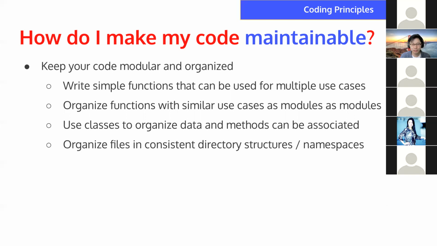All these methods you could start associating with this Classroom class to make your code organized and have all those associated things wrapped in this one thing. And lastly, this is similar to organizing your room, but you also want to organize files in consistent directory structures or namespaces.